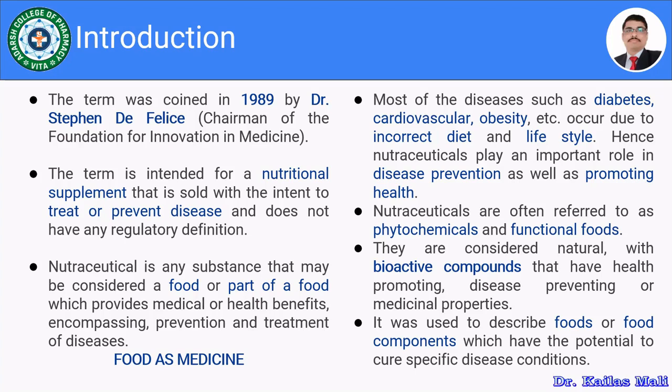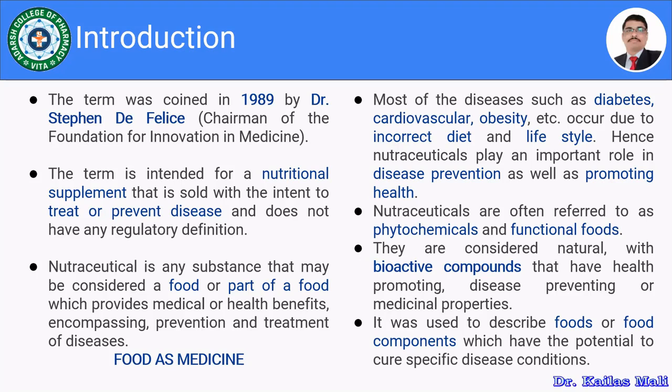From that food, we get certain medical or health benefits. So simply you can say a nutraceutical is the food or any part of the food which is used to treat or prevent disease.